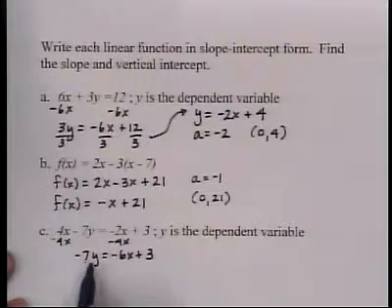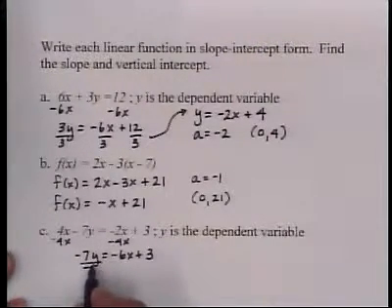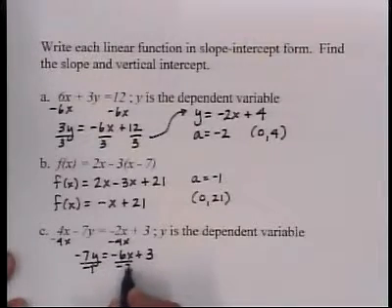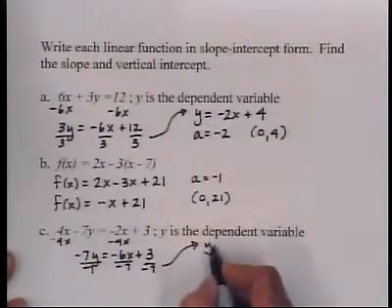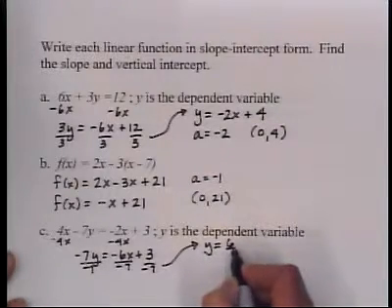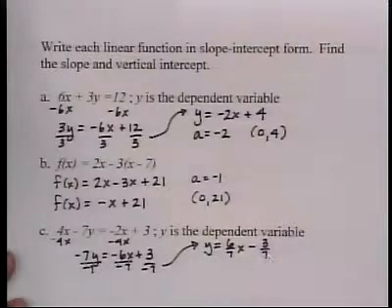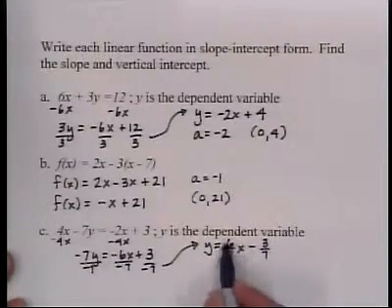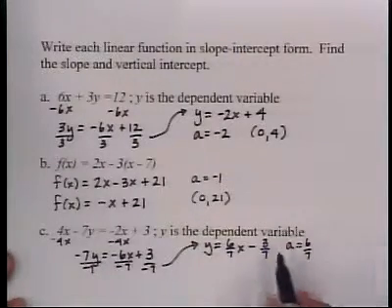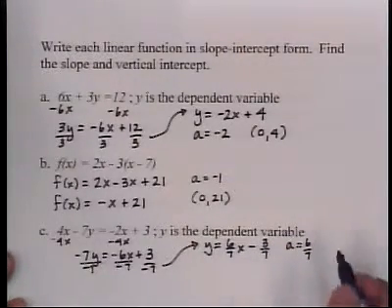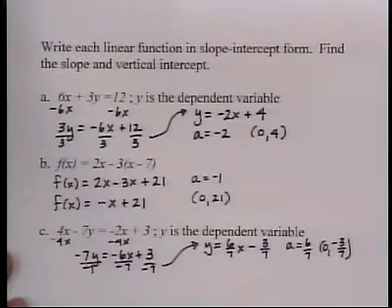To get y by itself, I'm now going to divide each part of the equation by negative 7, which will give me y equals positive 6/7 x minus 3/7. The slope is the coefficient of x, which is 6/7, and the vertical intercept is the ordered pair (0, negative 3/7).